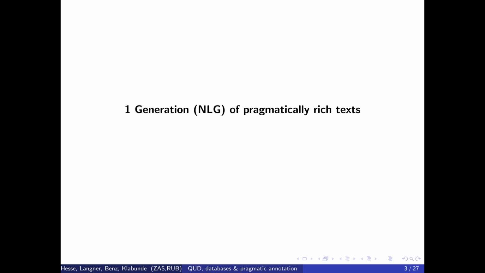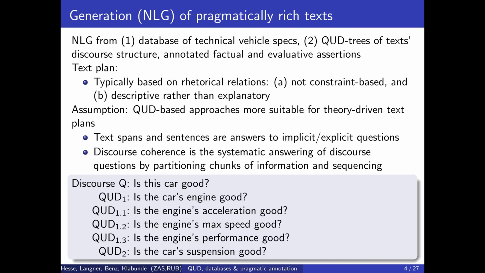We want to generate text from two sources: a database of technical vehicle specifications and QUD trees of text discourse structure annotated for factual as well as evaluative assertions, and especially the evaluative part is the hard part. So in order to come up with a text plan, the typical approach is to base that on rhetorical relations.